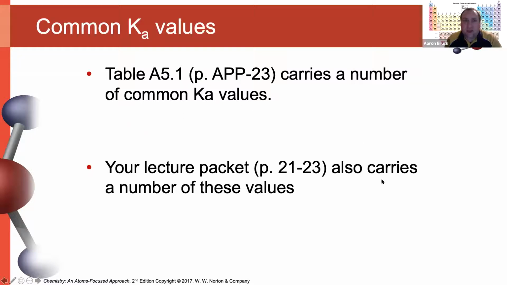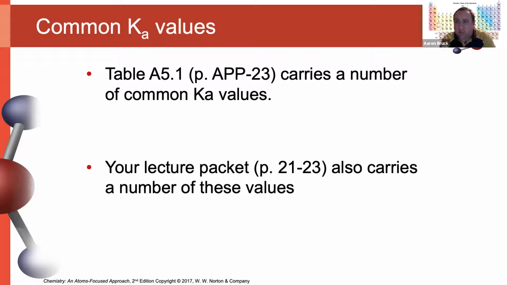Now, the values of Ka vary widely by substance. Your appendices, so Appendix A or Appendix 5 and Table A5.1, have a lot of your common Ka values there.